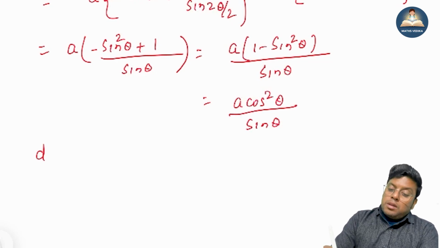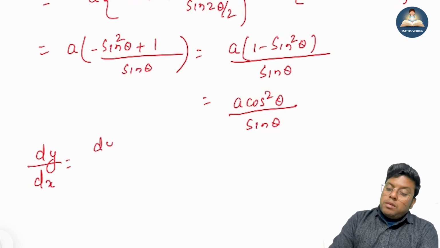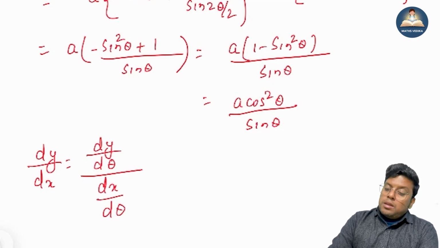Now dy by dx is equal to dy by d theta divided by dx by d theta.